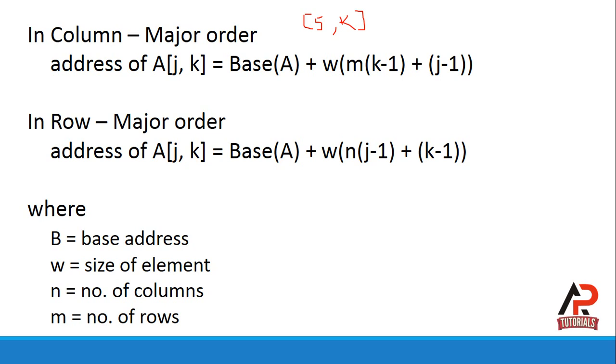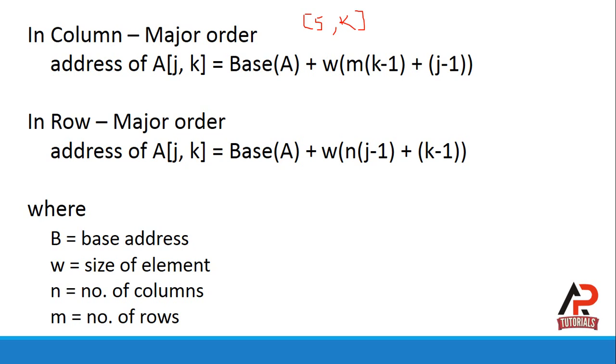The k minus 1 and j minus 1 refer to the particular element, the jth and kth positions. So here we take k minus 1, j minus 1.